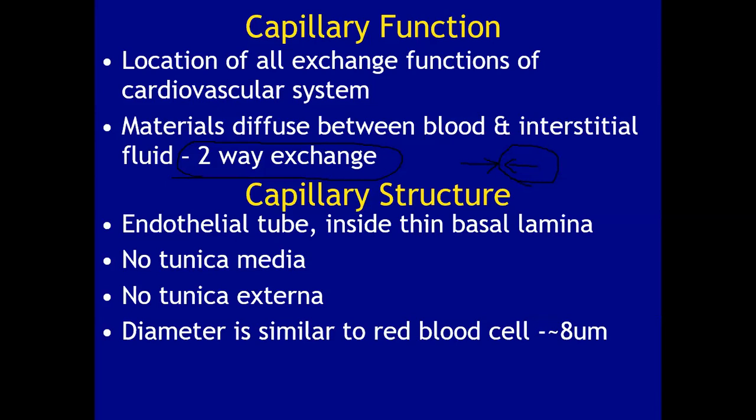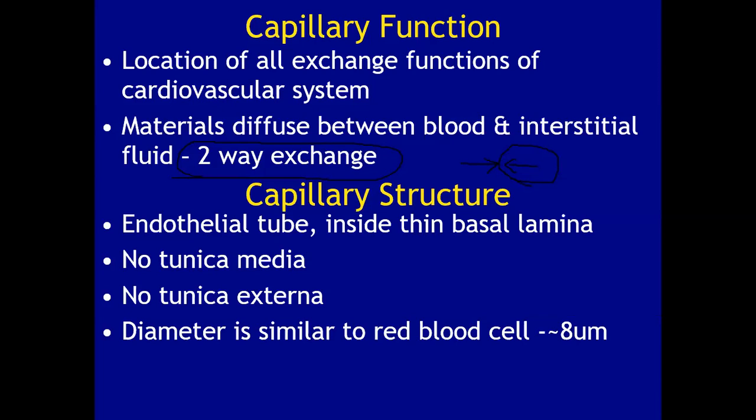So when we get down to this capillary, it is basically just what is left of that tunica intima. We have a little bit of connective tissue that's going to wrap around, and that's the basal lamina. It's going to wrap around a tube. If we want this tube to be the best at exchanging things, let's make it as thin as we can. So we're going to use simple squamous epithelium, and we're going to put just a little connective tissue wrapper around the outside of it.